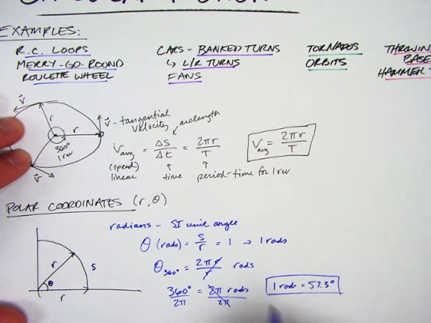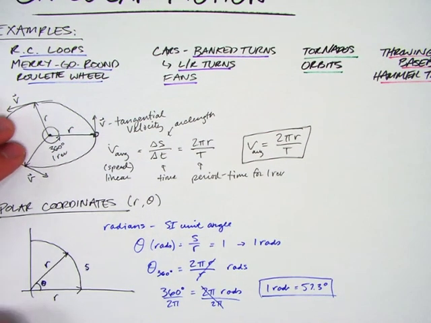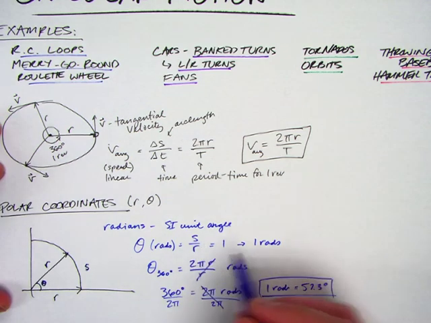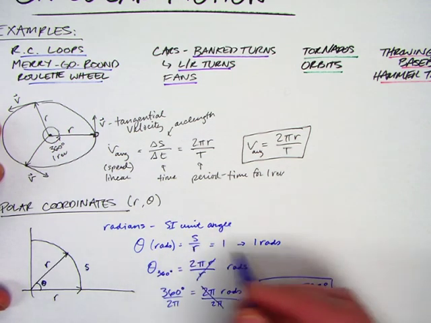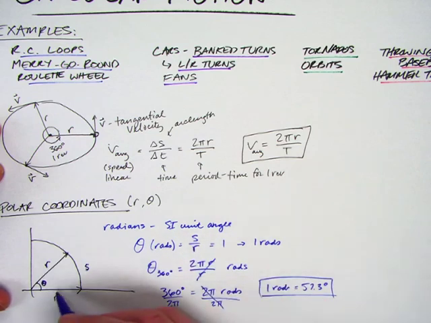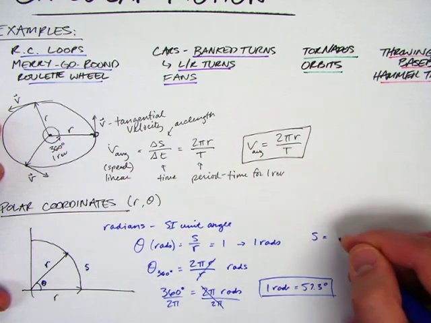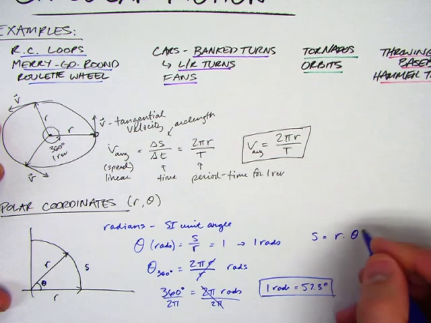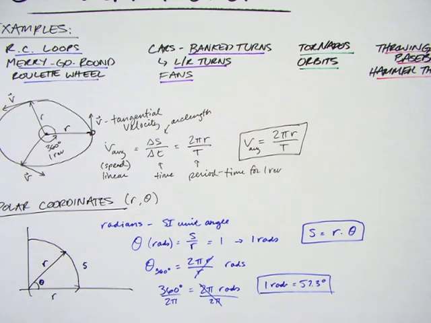Okay, so these are some helpful relationships when you're transferring back and forth from degrees to radians, since we'll use radians. We can also rewrite this. If I know the radius of my circle and I know the angle that I displace in radians, I can find the arc length by rewriting this equation, s equals r times theta.